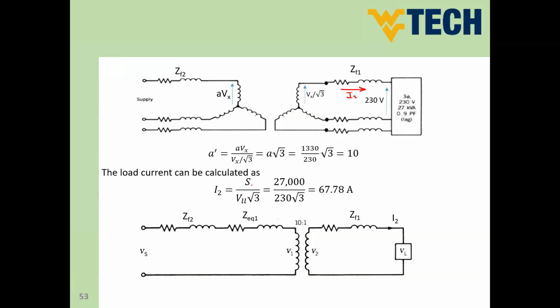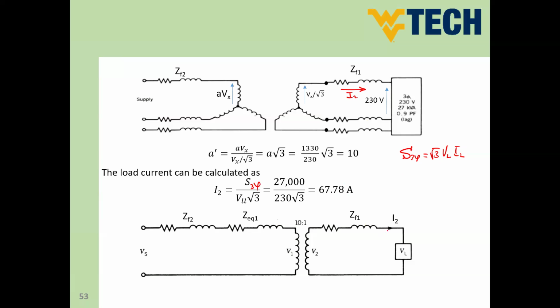S is the three-phase power of our load, which is 27 kVA, divided by 230, which is the line volt, times root 3, because you know that the three-phase power equals root 3 times V line times I line. This is the relation of our apparent power. So getting I, it would be S divided by root 3 V line. This is the current in the secondary side right here.